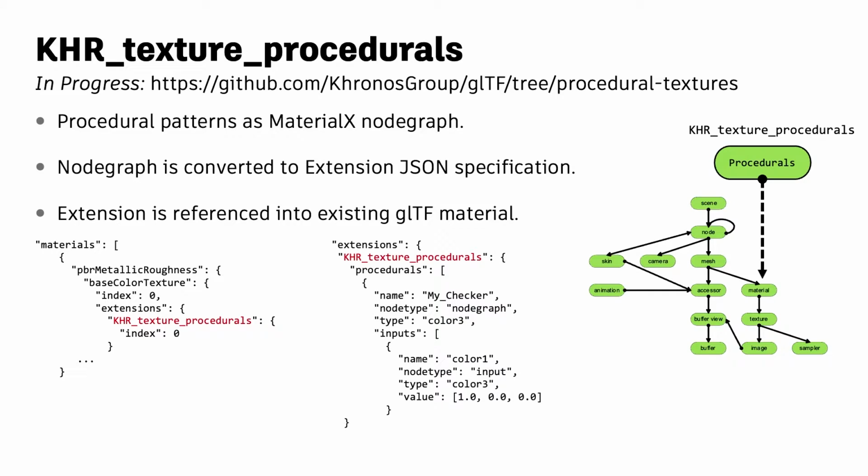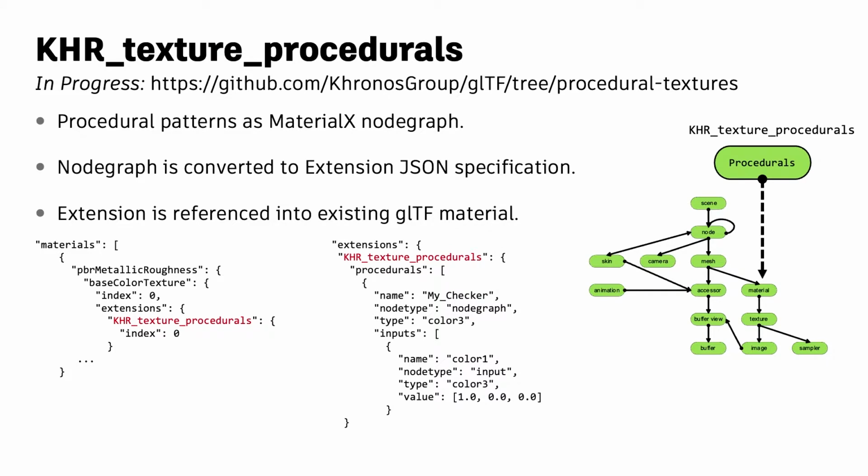This is a rough layout of how we are looking at building this KHR texture procedural extension. The workflow would be, you would continue to author your material patterns using MaterialX node graphs, and the extension describes the JSON specification for describing glTF procedurals.